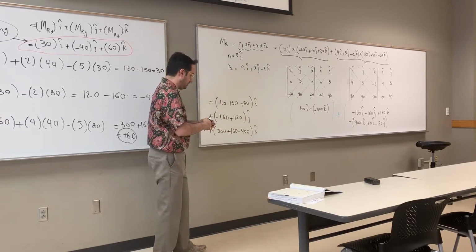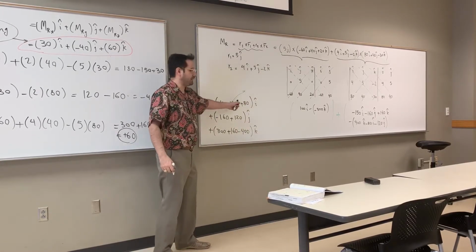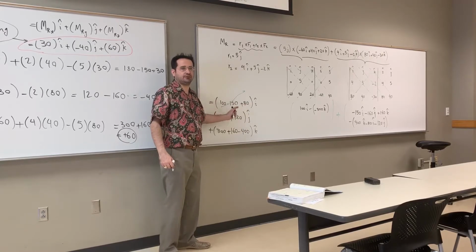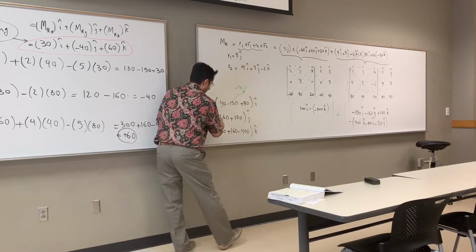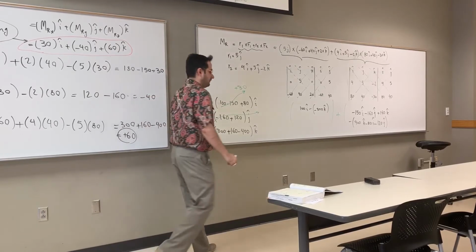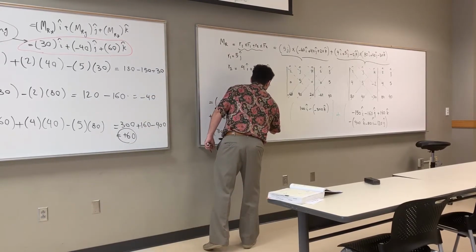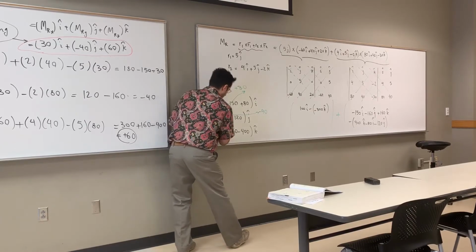So this is equal to 180 minus 150, 30, positive 30. The j coefficient is equal to -40. The k coefficient is equal to 60.